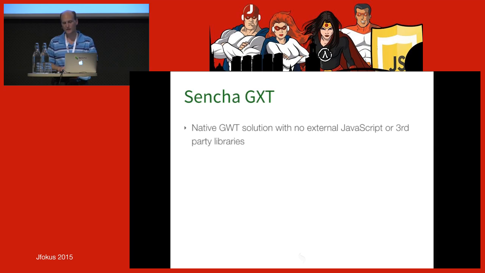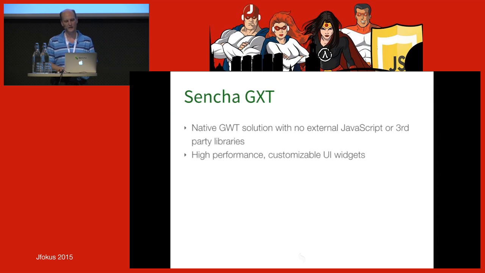The GXT library is completely in Java. Which means if you want to, you can step through the source code of our widgets in the debugger and now Super Dev Mode. You get all the benefits of the dead code elimination, and the optimizing compiler fully applies to our widgets as well. So in your resulting JavaScript artifact, you're only paying for what you actually use of the GXT library.